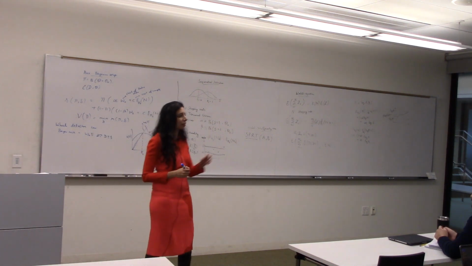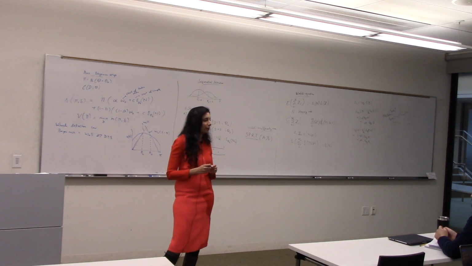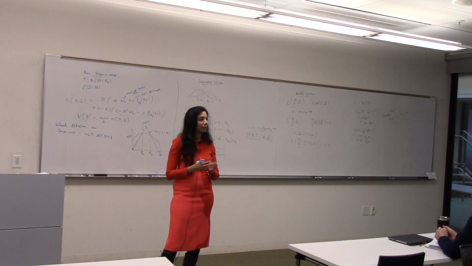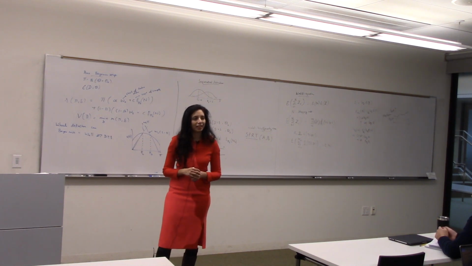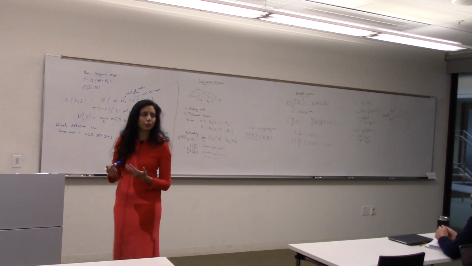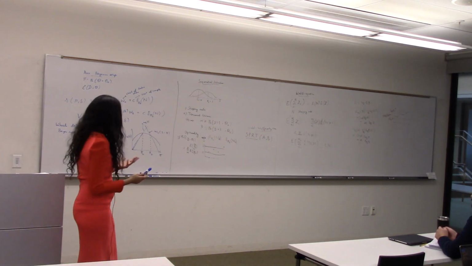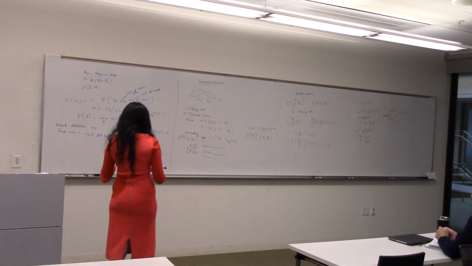I'll also give you some other possible measures we can use, but the mean square error is the most common one. And when it comes to mean square error, we'll look at the decomposition, we'll talk about bias, we'll talk about variance, and then we'll ask, can we think about uniformly minimum variance or minimum mean square estimators?